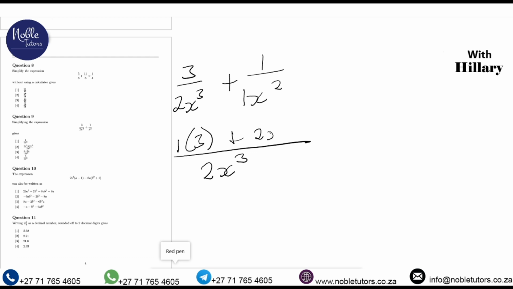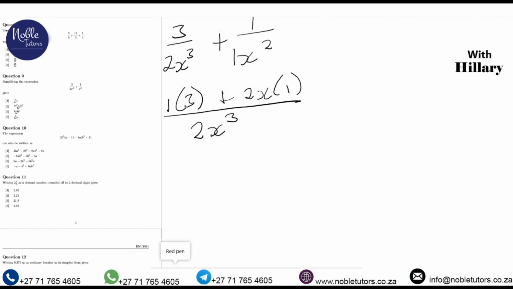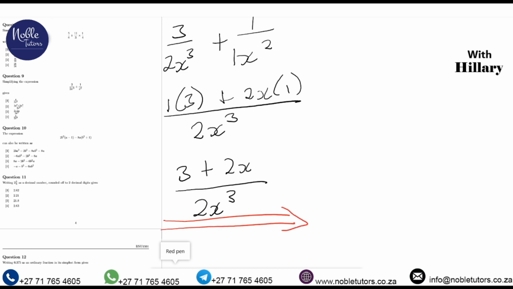So it will be 2x times 1. Then, after that, 1 times 3 will give us 3, plus 2x times 1 is 2x, over 2x to the power 3. From here, you cannot go any further because these are unlike terms.